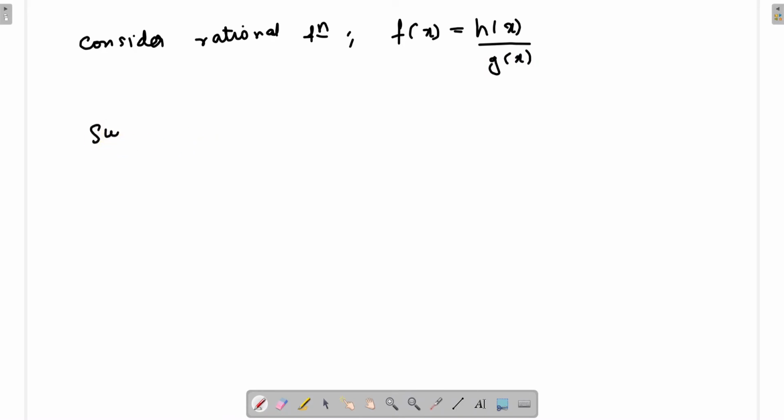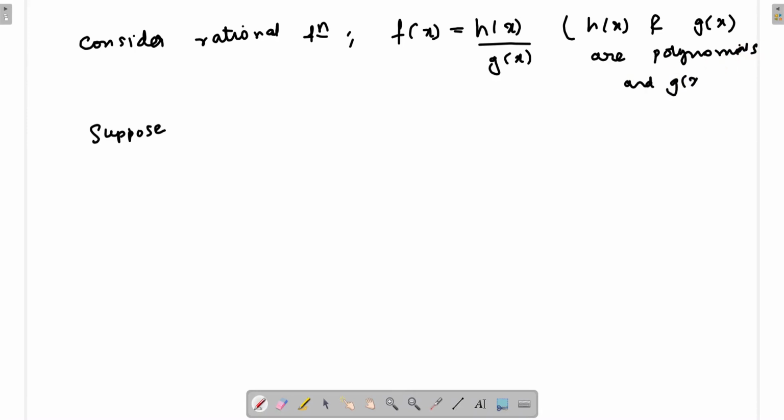And I have to tell what is a rational function. Here hx and gx are both polynomials, and gx is not equal to 0 for all x.